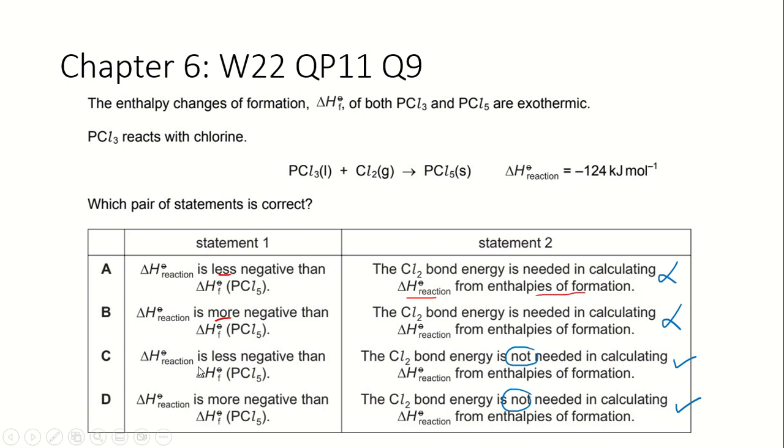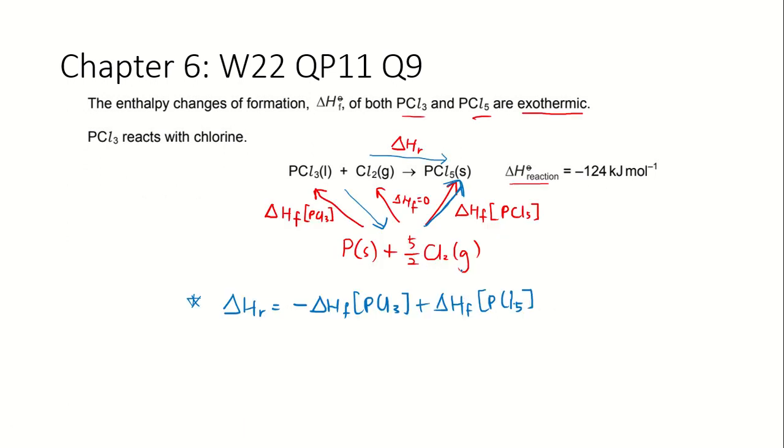Now we are supposed to find out whether the enthalpy change of reaction is less negative than delta HF of PCl5, or more negative. Let's go back to this cycle. I'm going to make up some values so that at the end I'll get negative 124. Let's say this is negative 24. Exothermic, right? They are both exothermic, so I put a negative value to represent that exothermic enthalpy change.